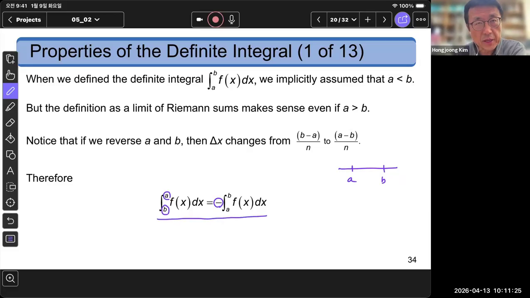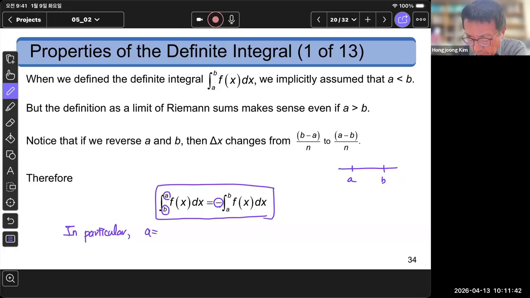Even though we can prove that, let me just take it as a fact. So in particular, if a and b are the same, then the integration from a to a must be the same as the negative integration from a to a.